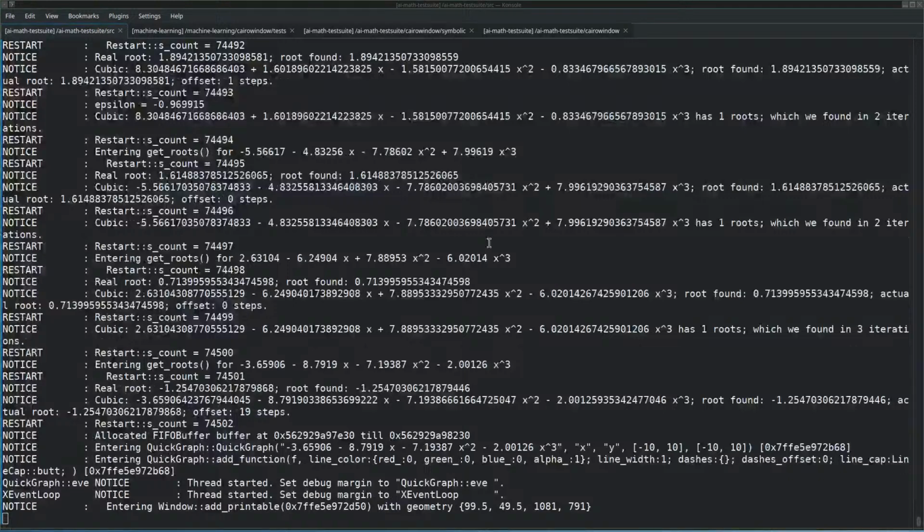I think the first one was just the first one. It always stops when I start this program at the first one.